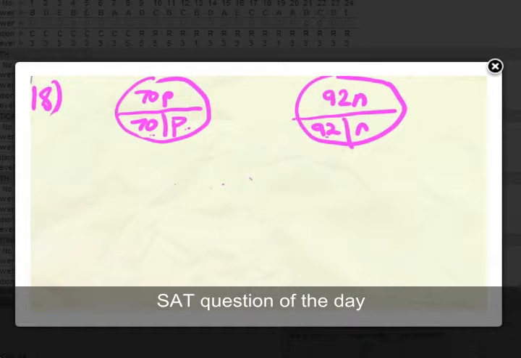Okay, 18 sets up well for a tan chart or a couple. We're told that the average of the test scores of a class of P students is 70. So P goes into the number, because that's the number of students. The average is 70, so the total is 70P. And the average of N students is 92, so their total is 92N.